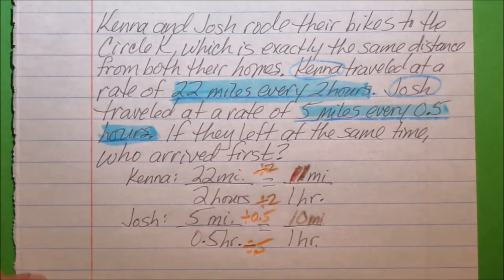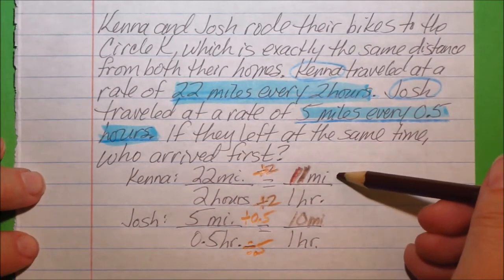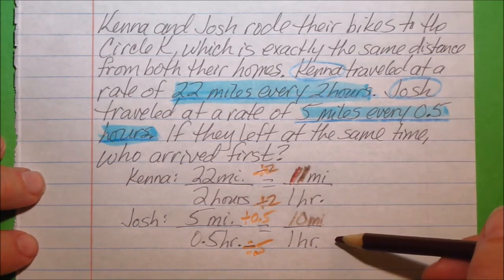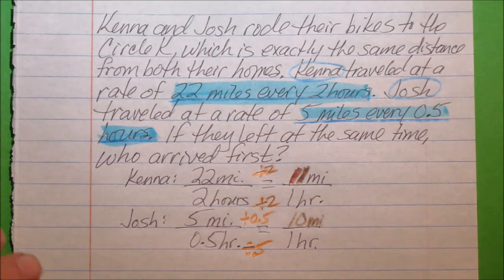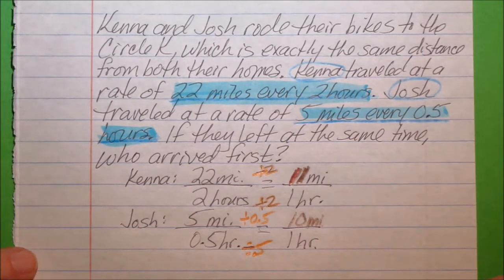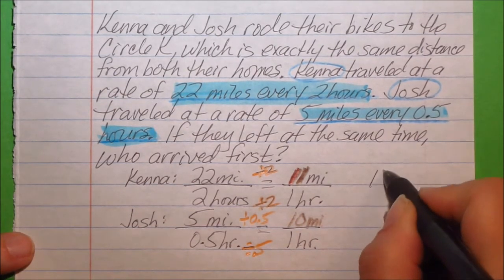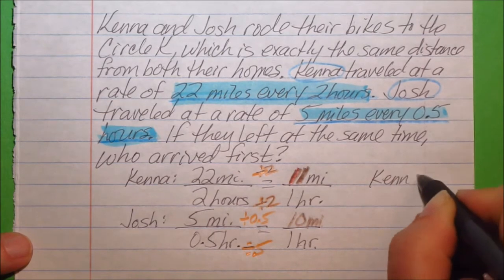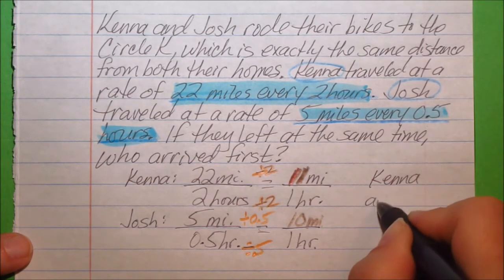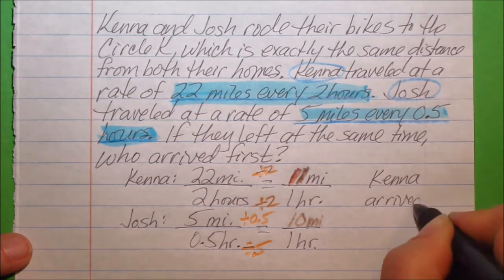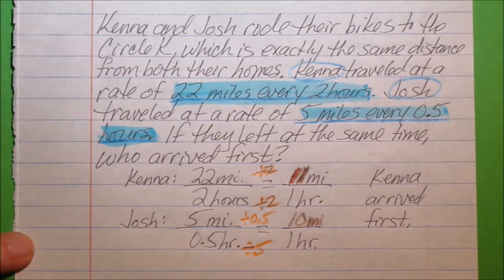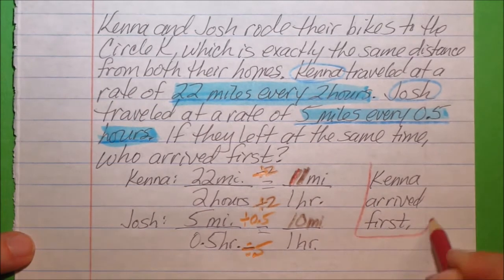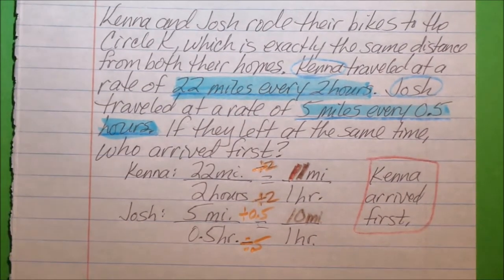All right, so if Kenna made it 11 miles in an hour and Josh made it 10 miles an hour, then who arrived there first? Who was going faster? Well, Kenna was going faster. Kenna arrived first. All right, she arrived first.